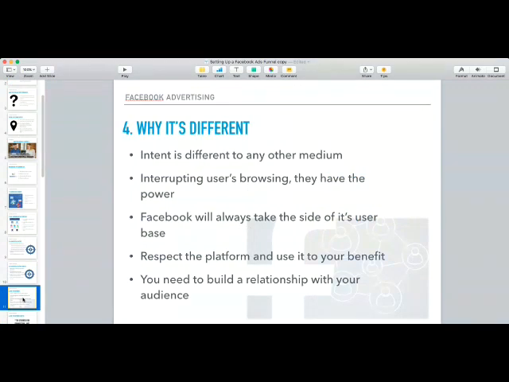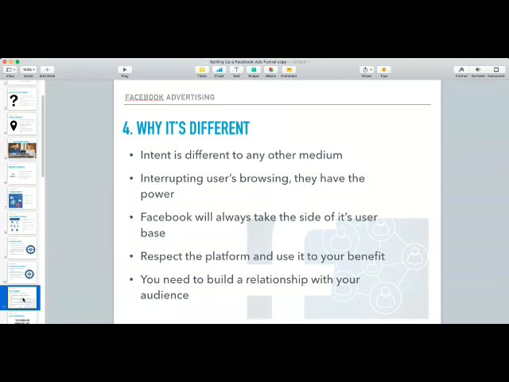You need to have a different approach to Facebook than you do to any other online medium, because at the end of the day, you're interrupting their browsing experience. The user has the power, and they have the decision on whether they're going to keep on scrolling past your advert or not.